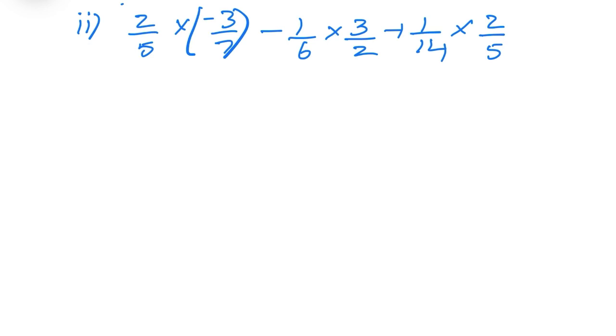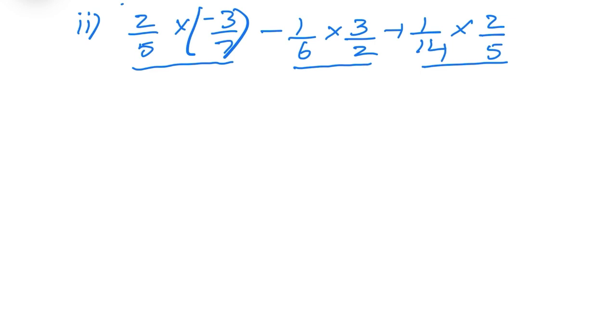2 by 5 into minus 3 by 7 minus 1 by 6 into 3 by 2 plus 1 by 14 into 2 by 5. Remember one thing, product means it is a single term. This is also a product, single term. This is also a product, single term.